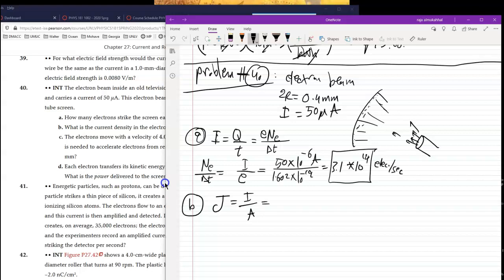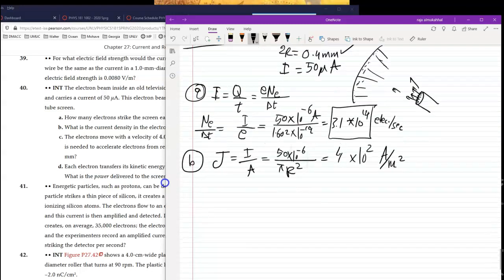So the current density would be 50 times 10 to the negative 6 divided by pi r squared. We already have the diameter, so r is just 0.2 millimeter. You work it out. Basically, when you work it out, it's 4 times 10 to the second amp per meter squared. That's the current density. You got that?